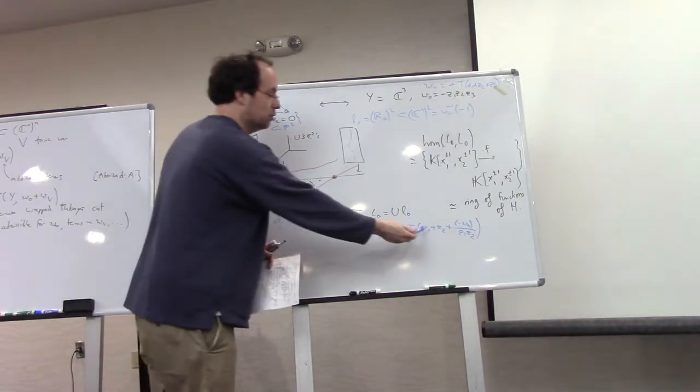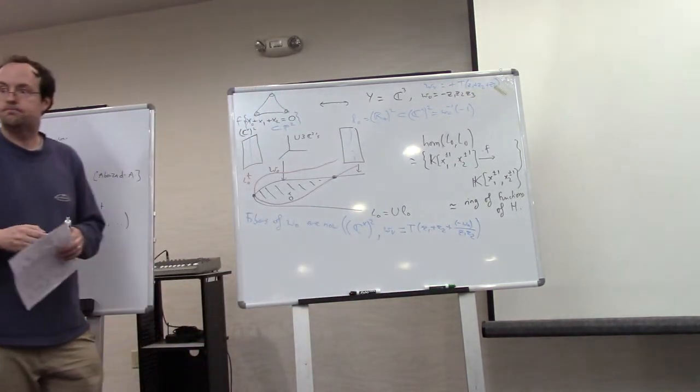Right? C star squared with Z1 plus Z2 plus constant over Z1, Z2.